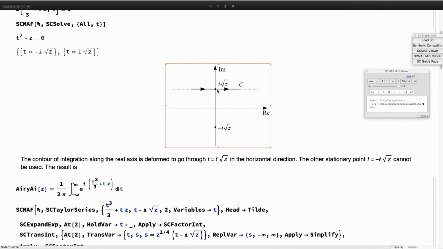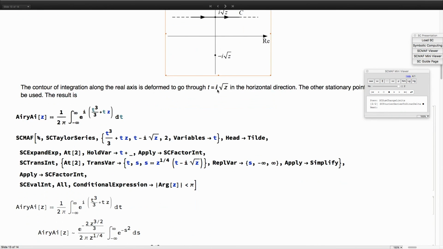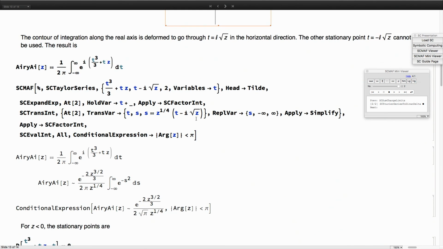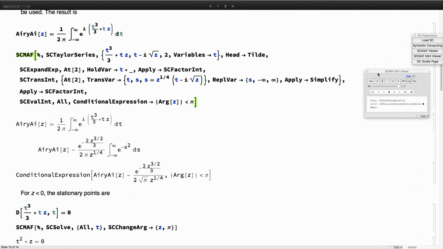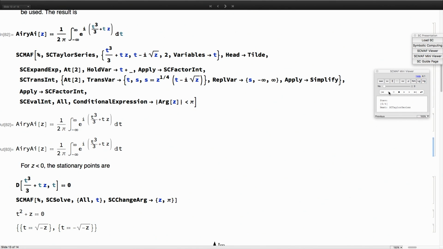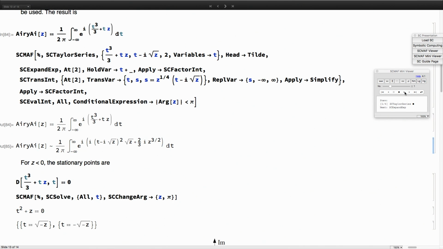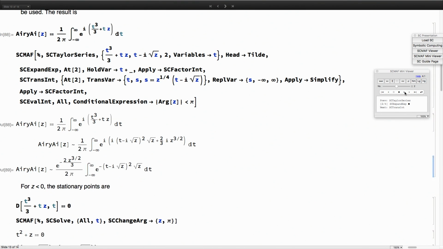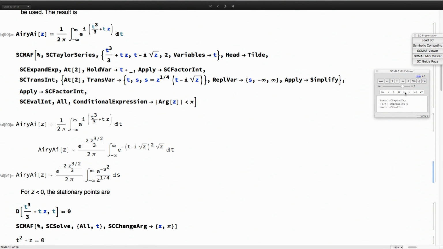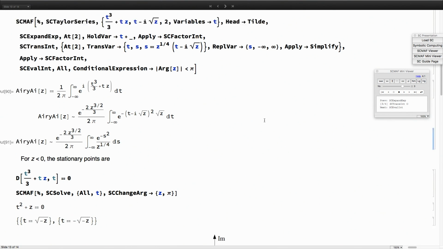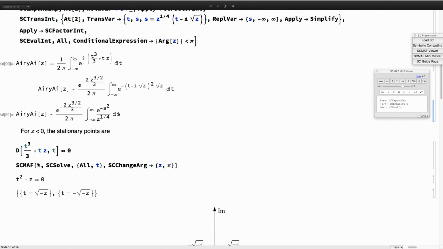But if you use this point, the stationary point, and then using the Taylor expansion, finally the integral can be transformed to this form, and this is Gaussian and easily evaluated, and this is the result.